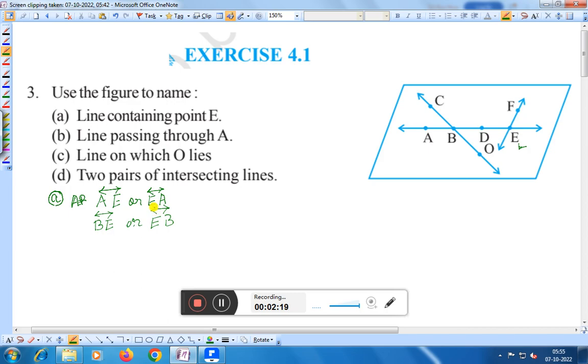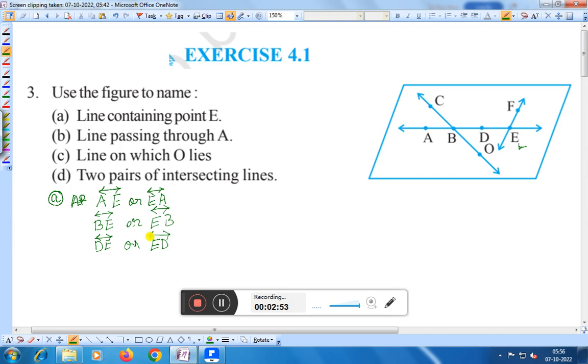Next one is DE, or ED. This is a line, and you have to represent it by arrows. Right, therefore these are the lines containing point E.